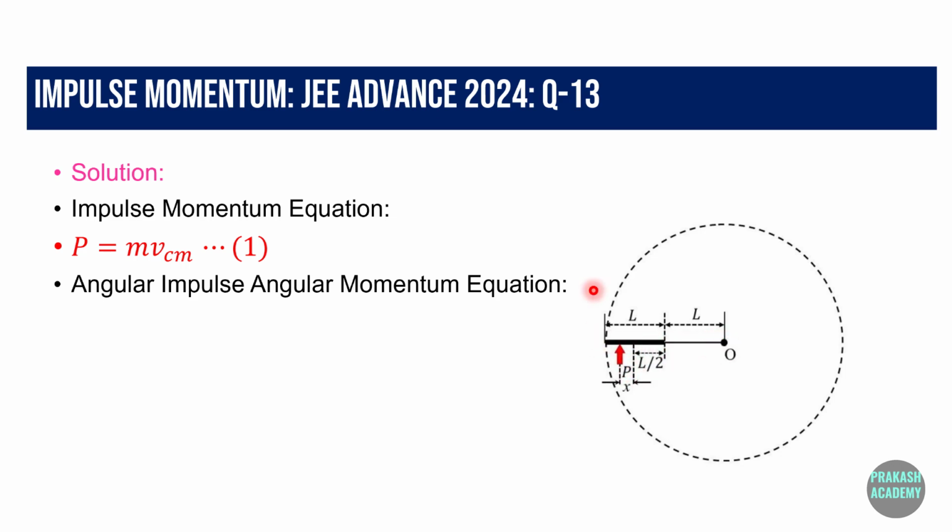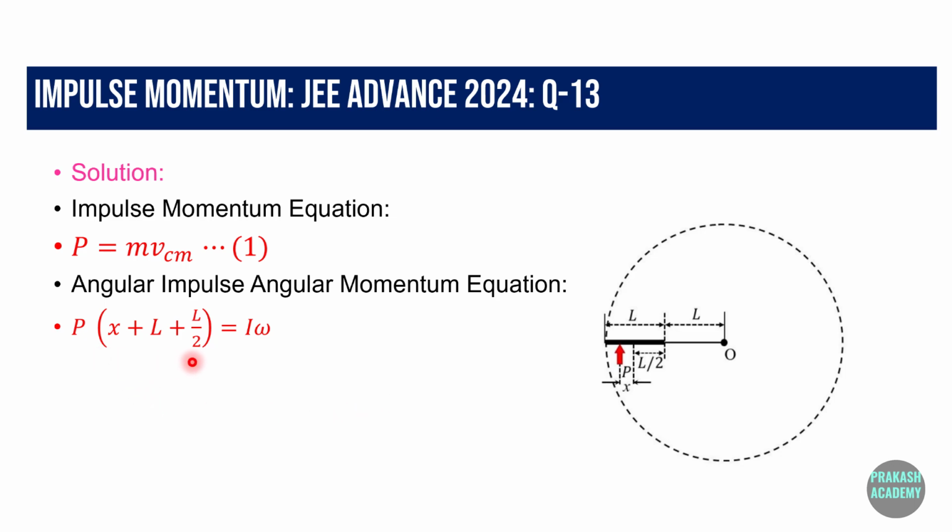We don't have to consider weight because this whole thing is on a horizontal table, so weight will be balanced by the normal reaction. So angular impulse of P is equal to P times this distance, that is x plus L by 2 plus L.